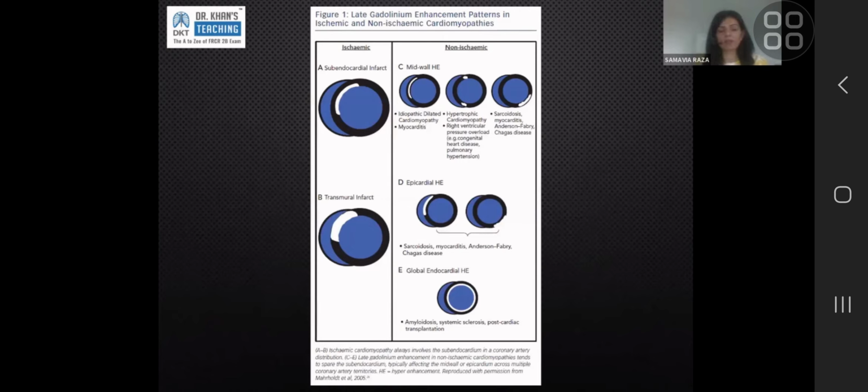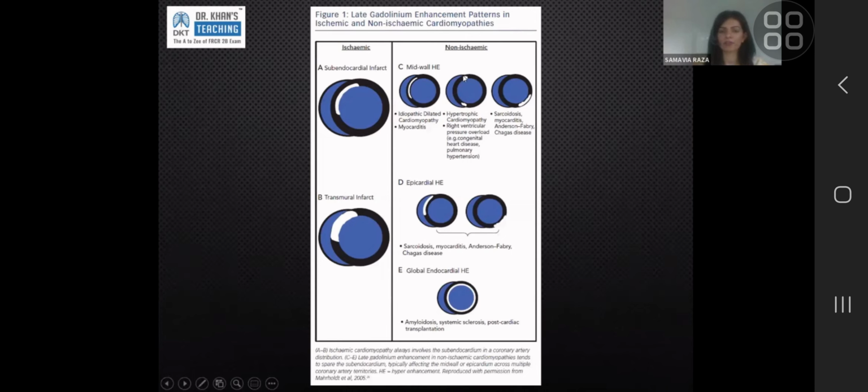And this is the image I was talking about for non-ischemic cardiomyopathy. The distribution helps narrow it down somewhat to the differentials. One differential that has a very typical distribution is hypertrophic cardiomyopathy. So hypertrophic obstructive or non-obstructive cardiomyopathy has a very distinct pattern of enhancement at the insertion points.